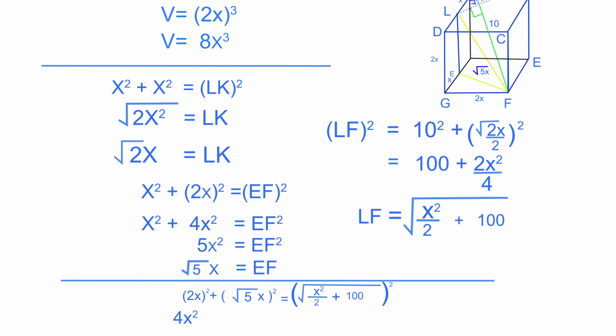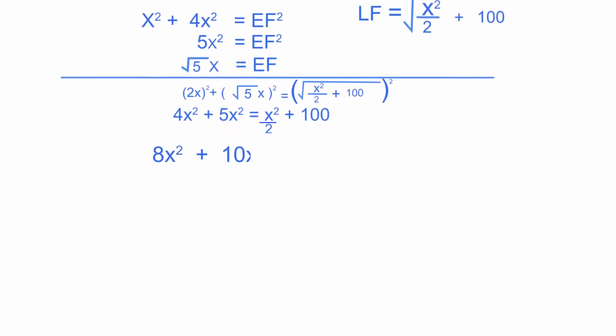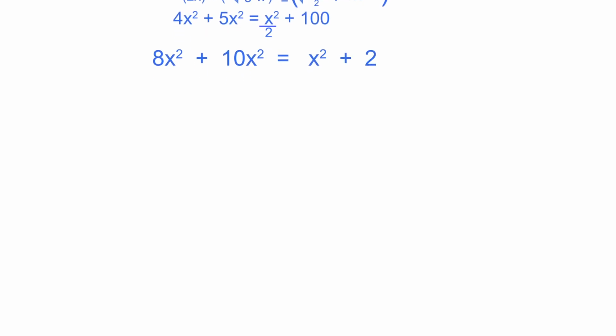So let's move this up. Now let's solve this. We've got 4x squared plus 5x squared. Taking the square root of the root makes the radical sign disappear. Multiply through by 2 to get rid of that half: 8x squared plus 10x squared equals x squared plus 200.